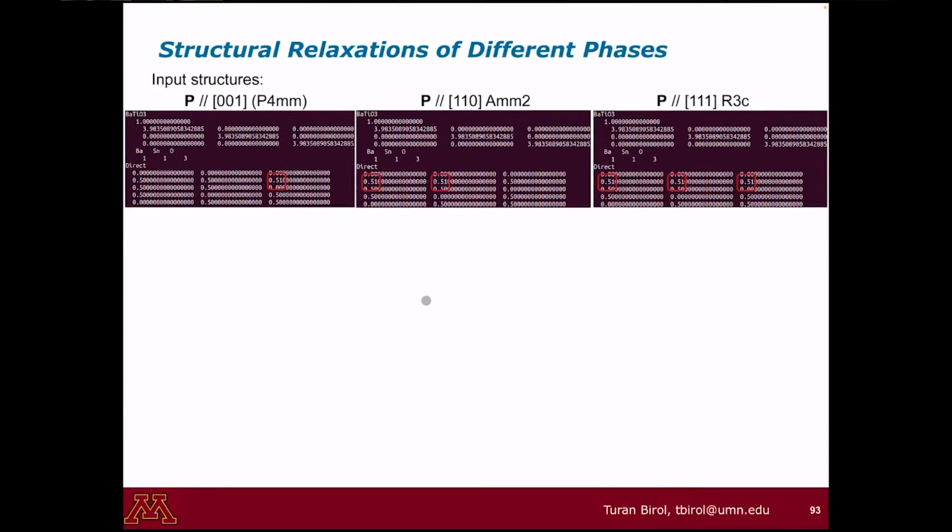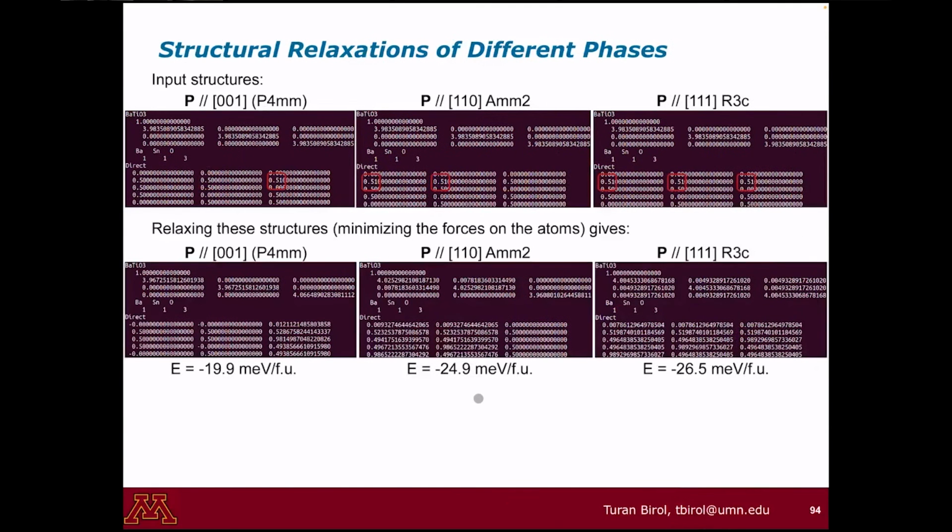Okay, so as I said, you can just change the crystal structure. So these are, again, VASP input files. What I did is I took the starting structure, which was cubic, and then displaced the titanium atom along the Z direction, or for the center one along X plus Y, or for the last one along X plus Y plus Z. And when I relax these structures now, right?